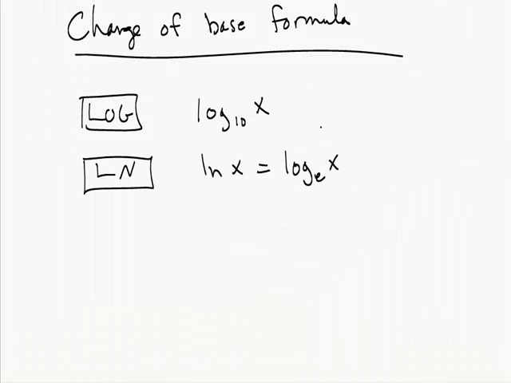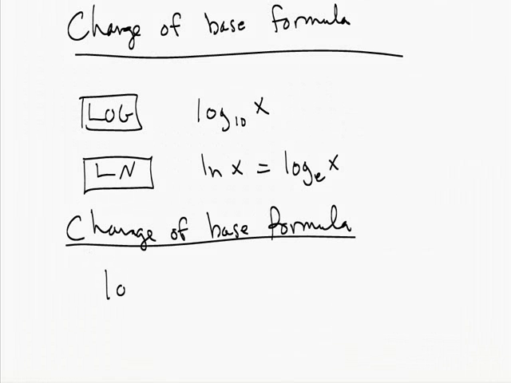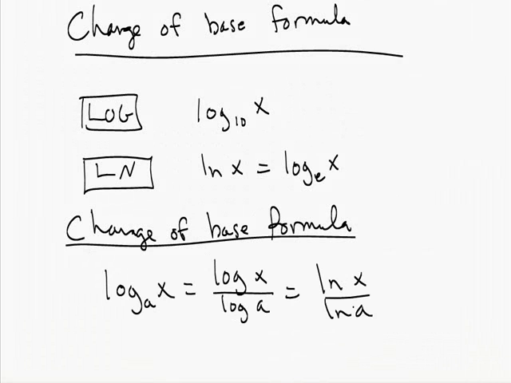Well, what if you want to find the log base 2 of a number, or the log base 7 of a number? You're going to use the change of base formula, which says that the log base a of x can be rewritten as the common log of x over the common log base 10 of a, or if you like, the natural log of x over the natural log of a.